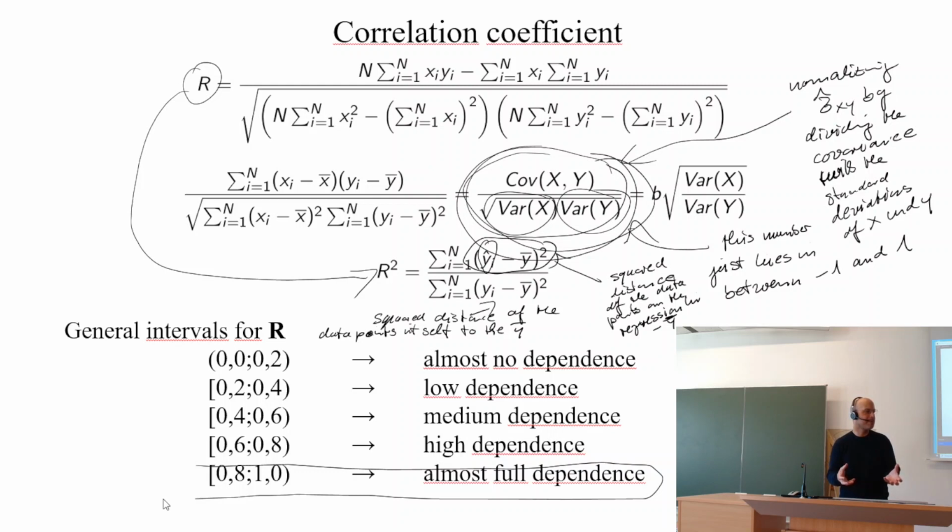Then you can formulate a hypothesis: I want to make only an error of 5% that I'm wrong. But still we are doing statistics, and you could always be wrong. And this you have to be aware of.